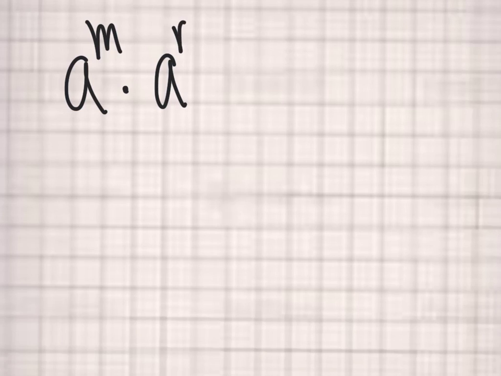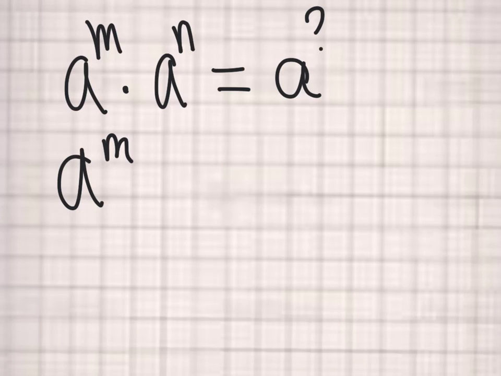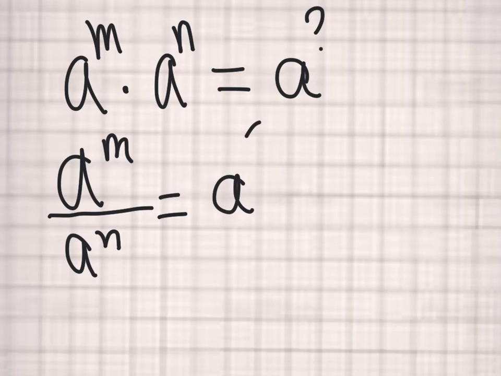Okay, so the first law we're going to explore is a to the power m times a to the power n equals a to what power? The second law that we're going to explore is a to the power m over a to the power n equals a to what power?